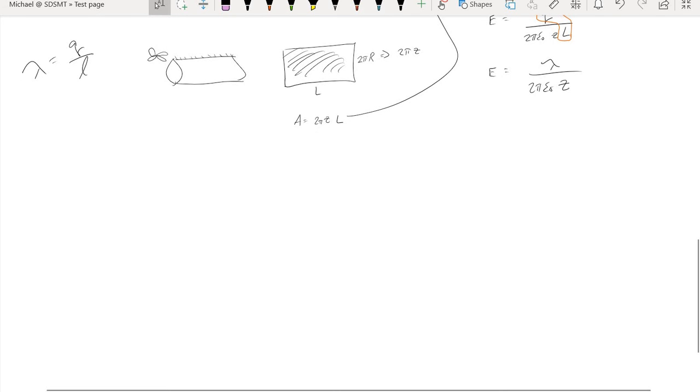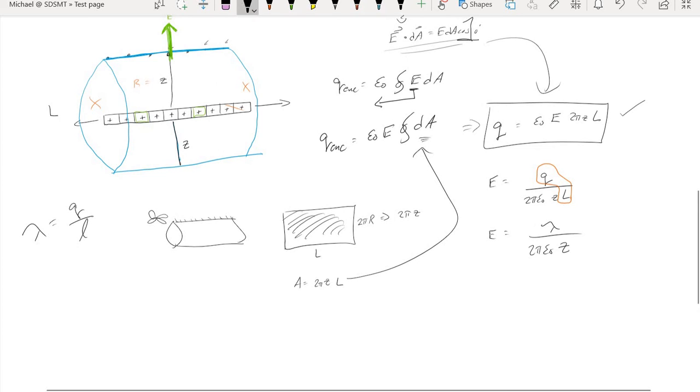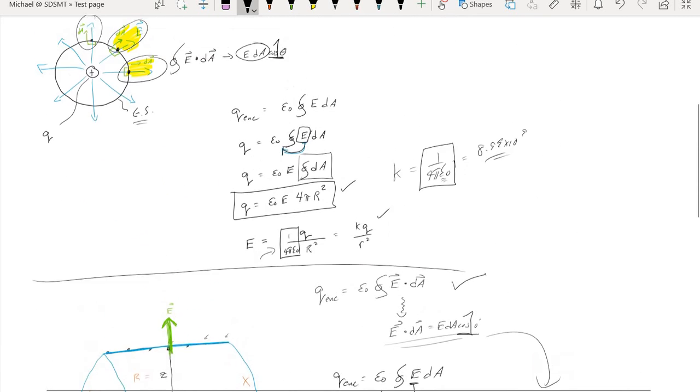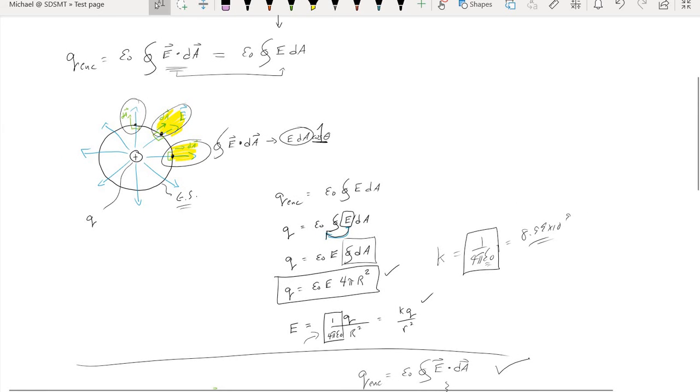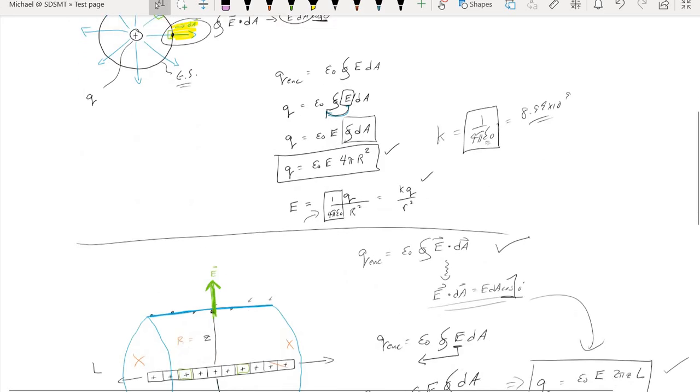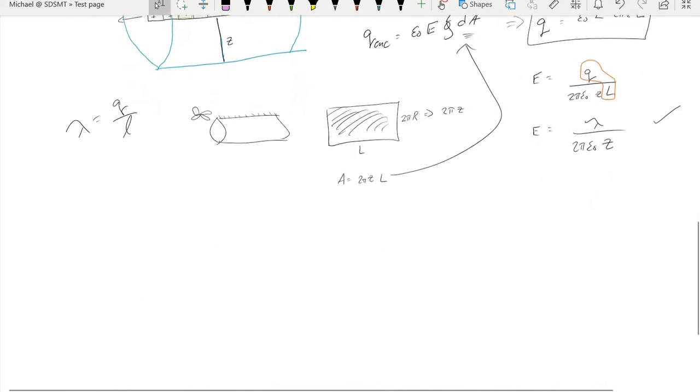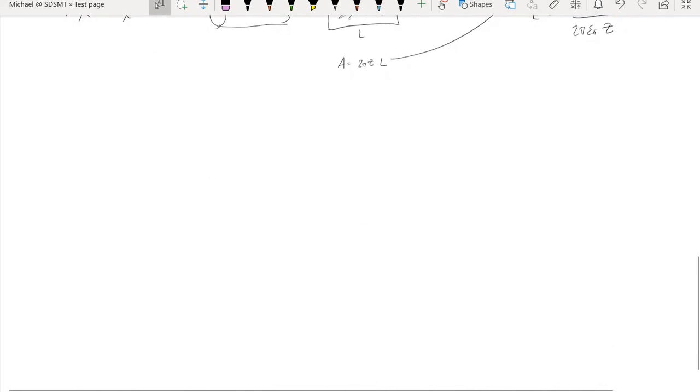Now, again, once we get to the end result, that's what we are expected to work with. But the reason that we're going through and we're seeing how Gauss's law works is because there might be some future distributions of charge that we haven't considered yet.